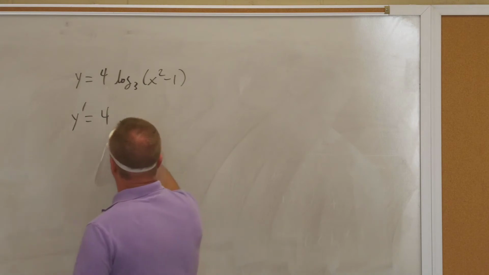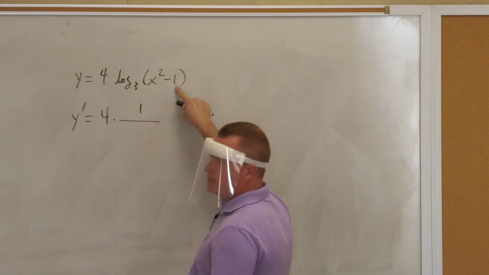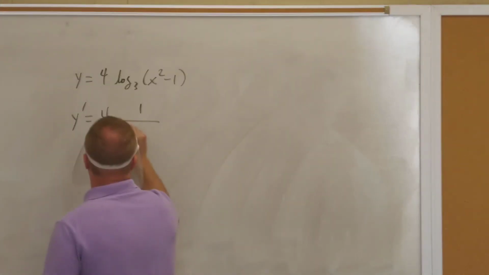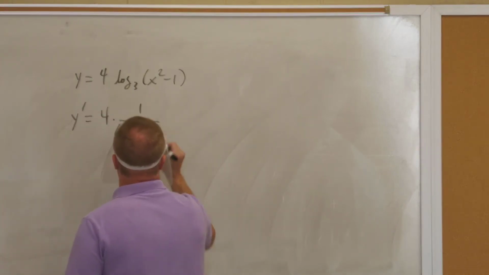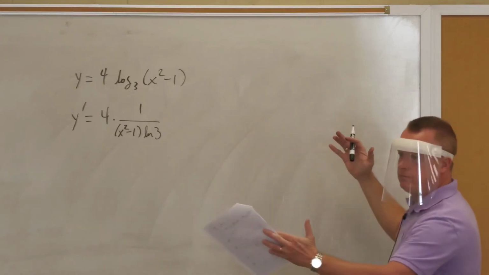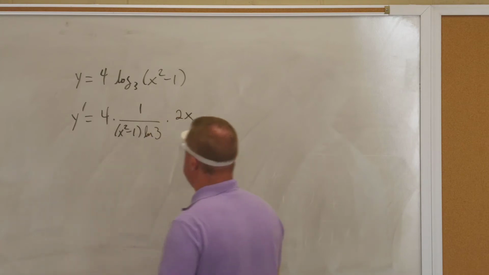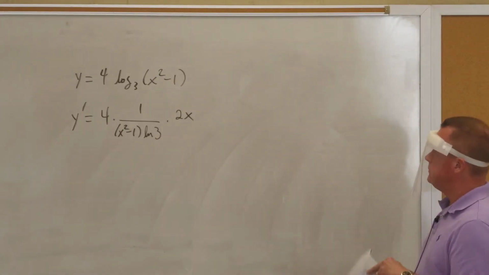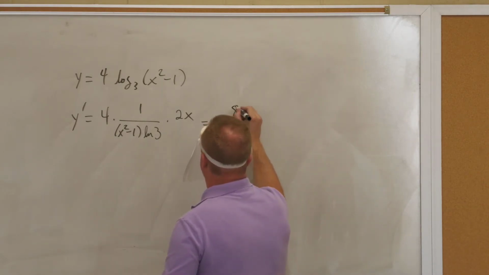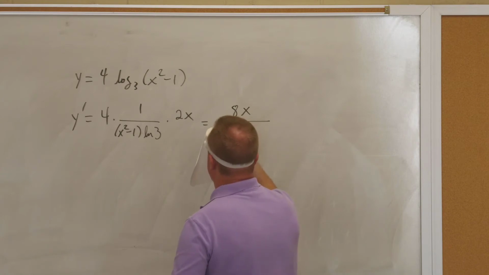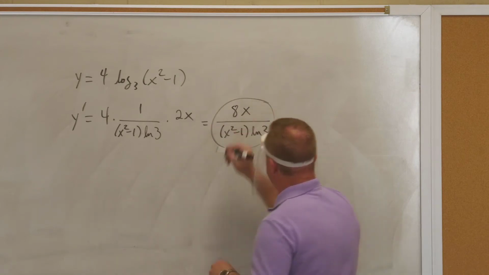So I have times 1 over x, which in this case, x is actually x squared minus 1, times the ln of b, b is 3. So that's the outside function, times the derivative of the inside, which is 2x. And now all you got to do is multiply that, and that's really all you can do. So that derivative would be 8x over, and however you want to write it there, that answer's fine.